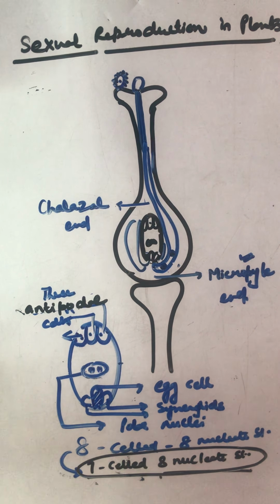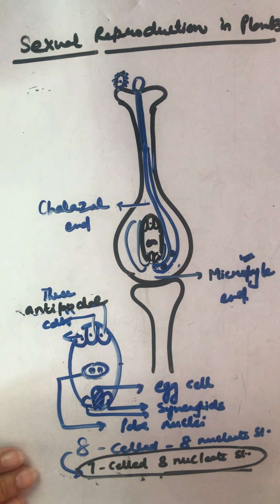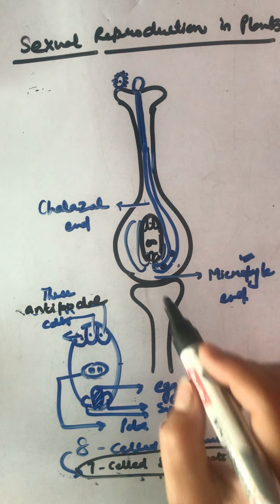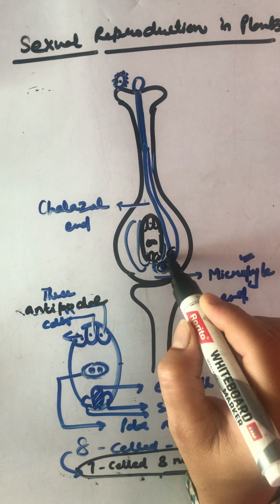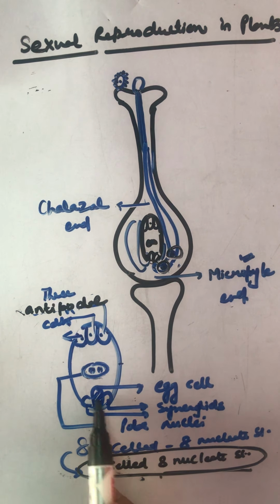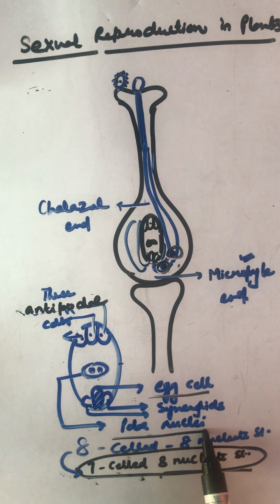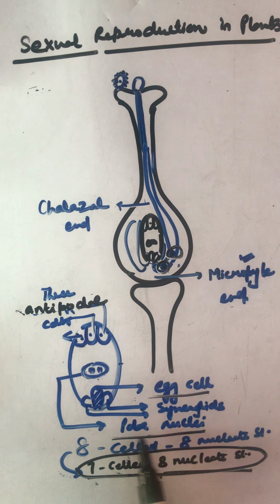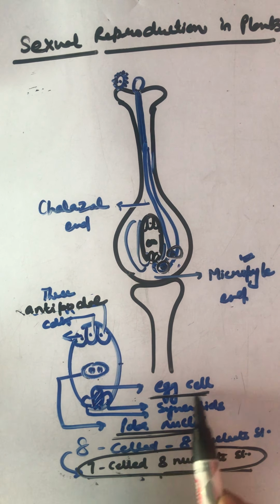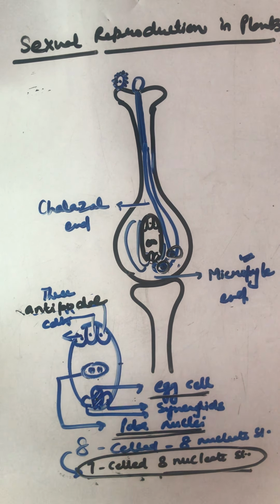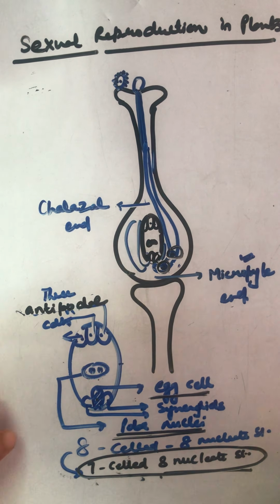Clear? Now, how is fertilization achieved? What happens during fertilization? See, always remember there are two male gametes that we have talked about. There is one egg cell and this one is the polar nuclei, meaning the central cell. Always remember these two things which are going to undergo fertilization. Now moving to the act of fertilization.